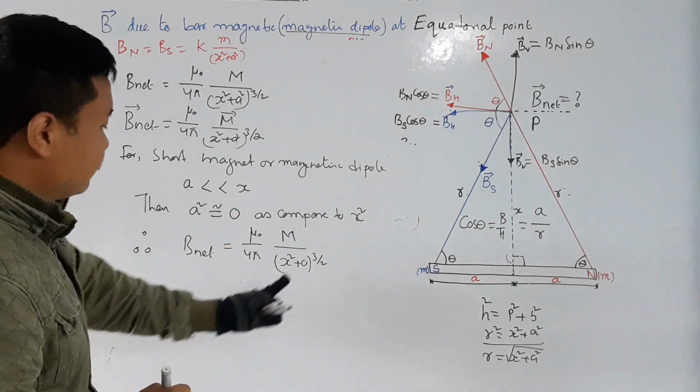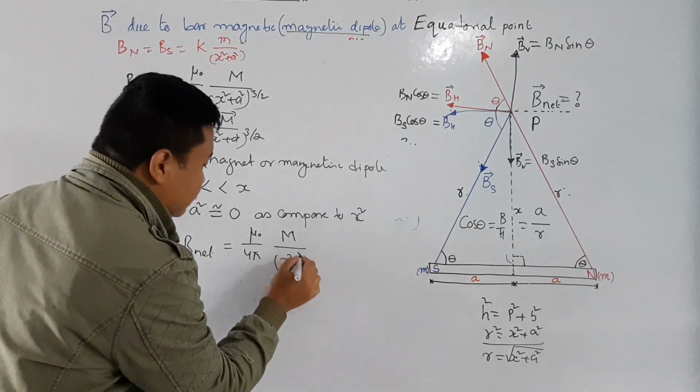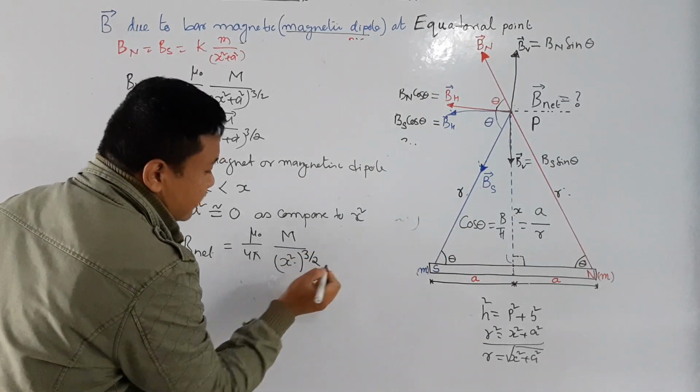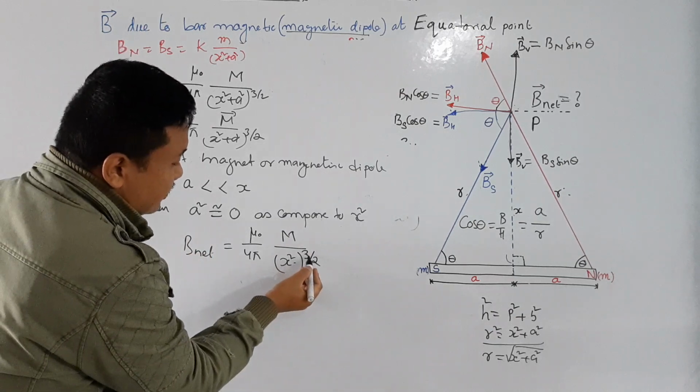Now in the next step, what will I get? I will get 0 as nothing, and x to the power 3 by 2, where the powers will multiply: 2 into 3 divided by 2.